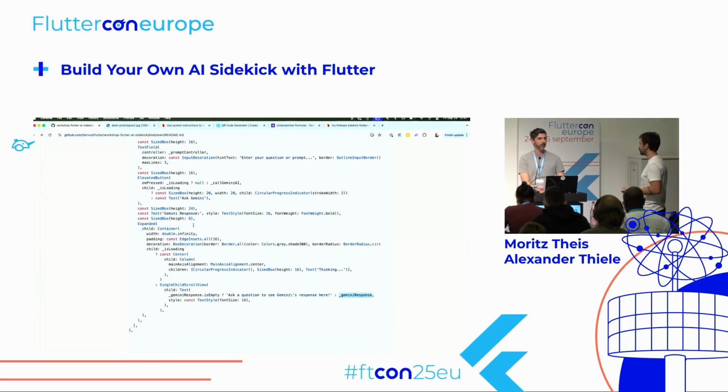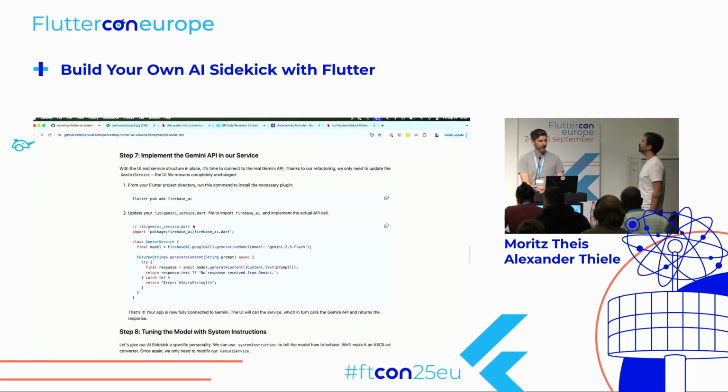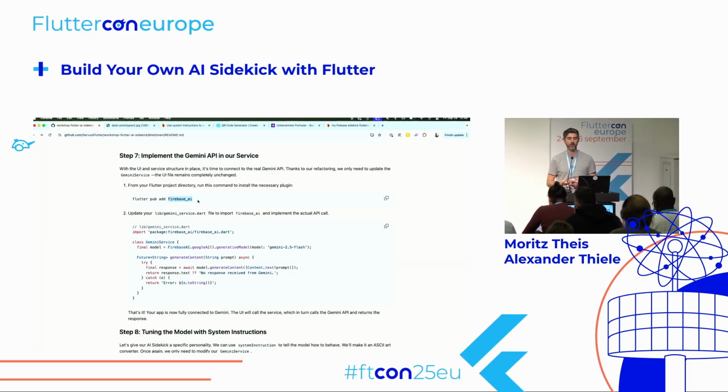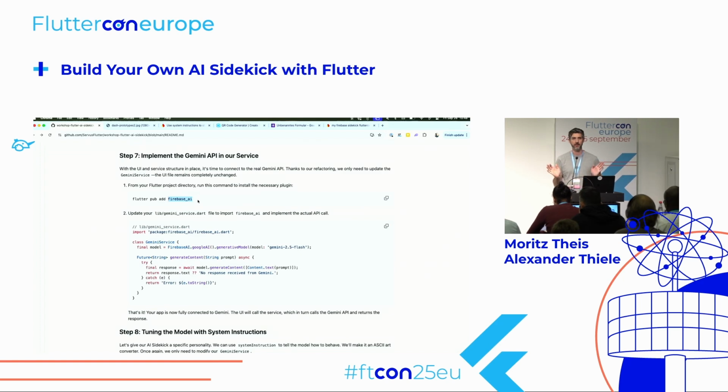Okay. Now let's connect Gemini to the application. They made it really easy to connect. In the end, it's just a dependency you add to your application, and that's basically it, right?